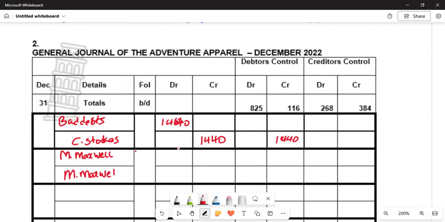Here we are going to say 280, and also 280, which we are going to have on the debtors control.